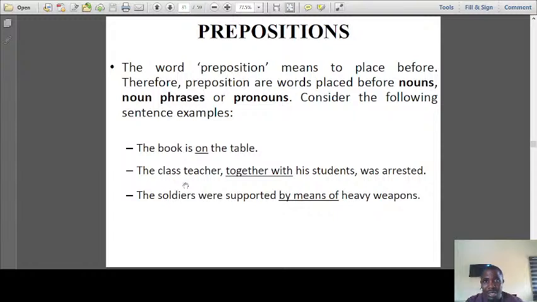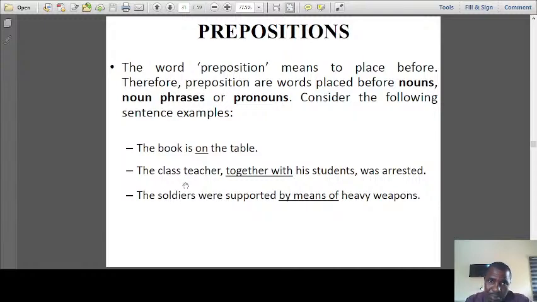And we can end the class here. When we come back, we shall discuss the remaining three minor parts of speech, which are preposition, conjunction, and determiners, because there are so many sub-classifications of pronouns. We spent much time in discussing the pronoun.